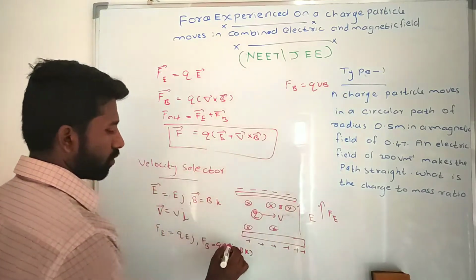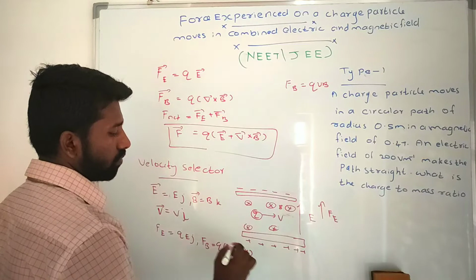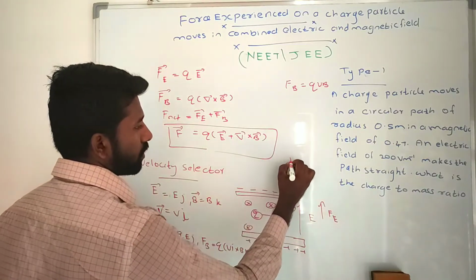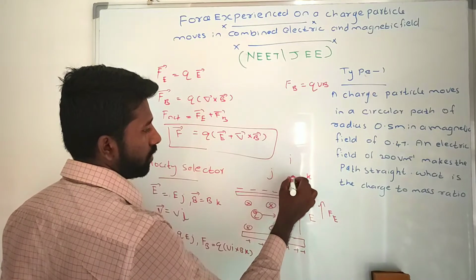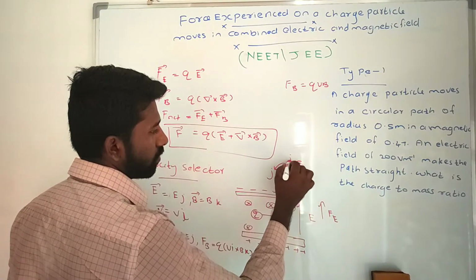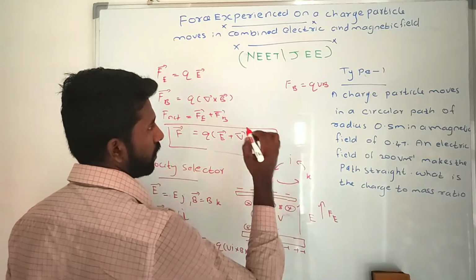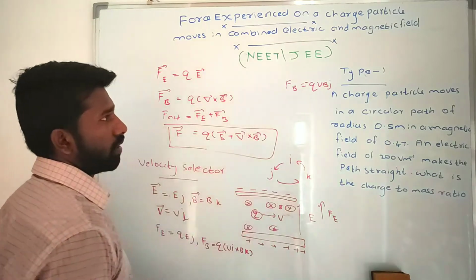Sorry, i cross k is equal to minus j, because i, j, k in the anticlockwise direction is positive, and here it is clockwise, so it is negative. So it is minus j.